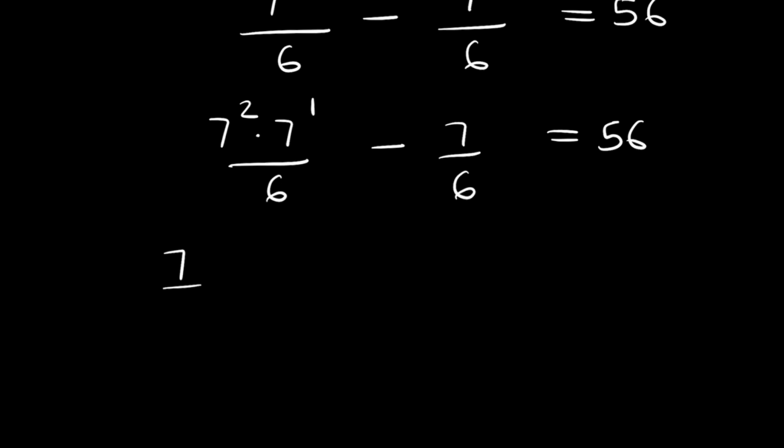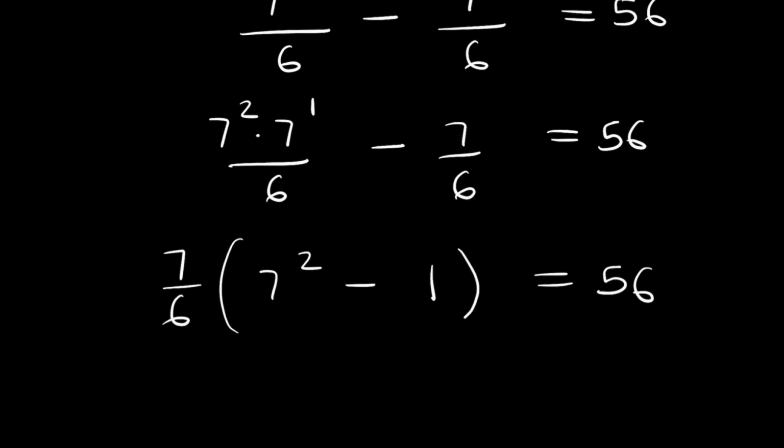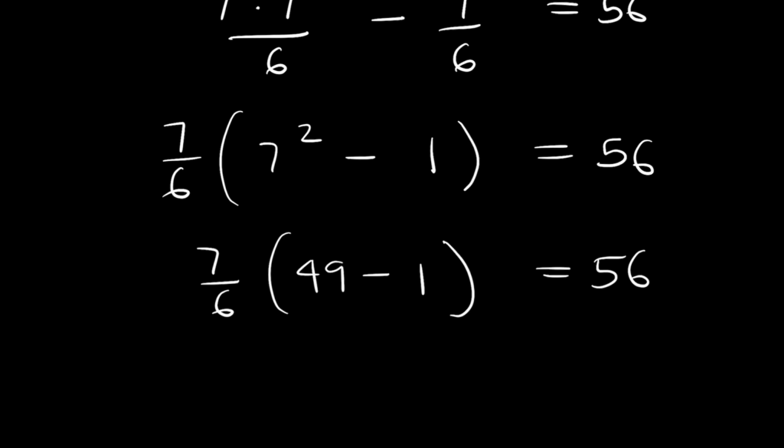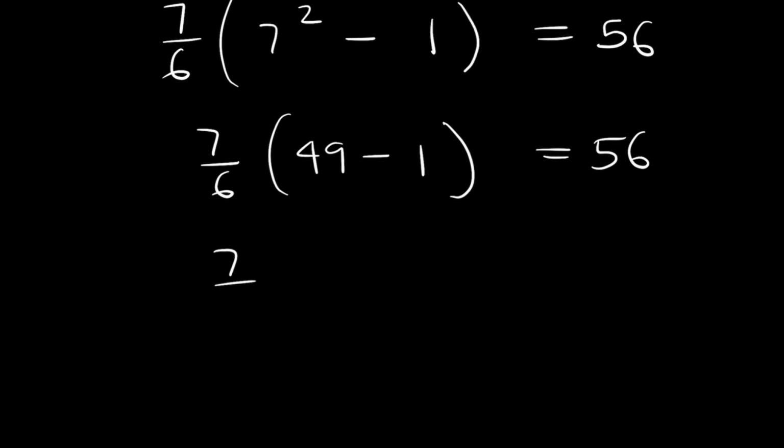So I have 7 over 6 into 7 squared, then minus 1. This would give us 56. This is 7 over 6 into, this is 49 minus 1, and this is still 56. 49 minus 1 is 48, so I'll say times 48 is equal to 56.